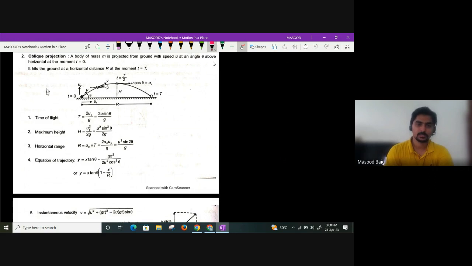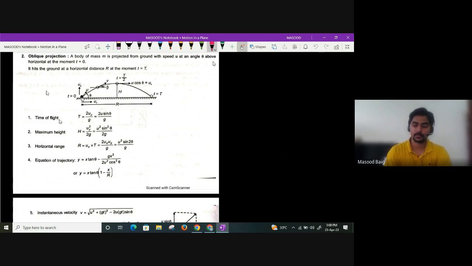If I am projecting from the ground, and it again falls on the ground itself, then both the initial as well as the final position are on the same horizontal level. When two points are on the same horizontal level, the vertical displacement between those two points will be zero.